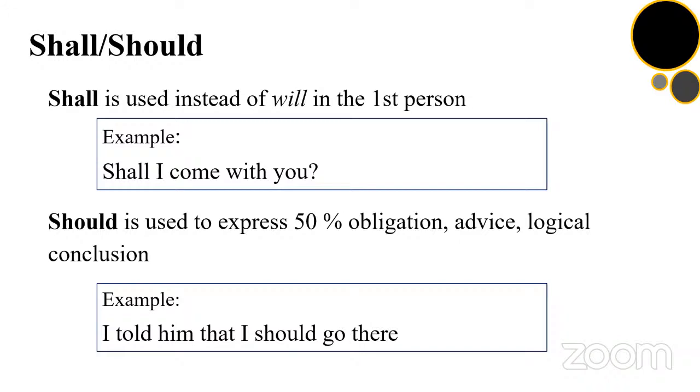Request means you are asking someone to do something if they are able to. Obligation is like duty, responsibility. You should do this.